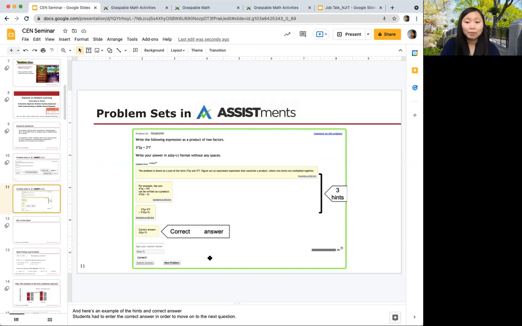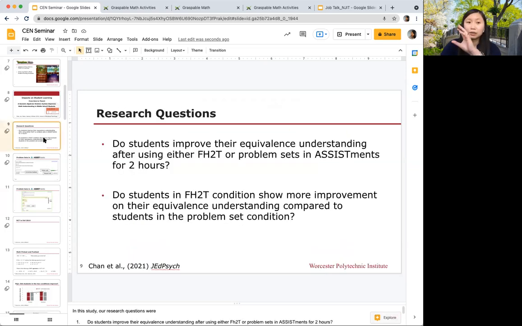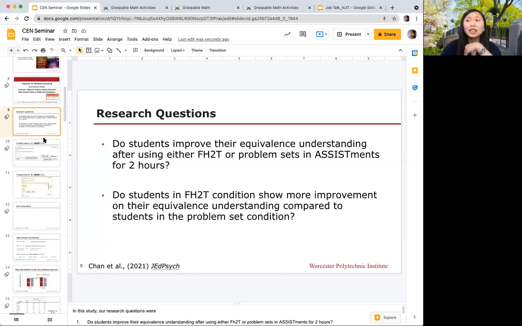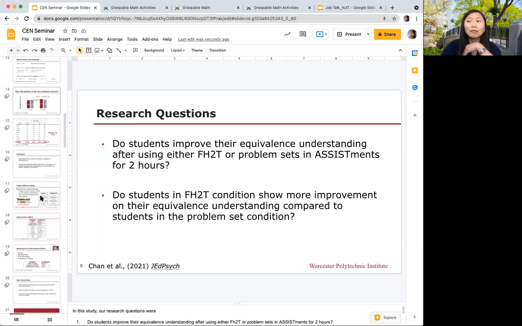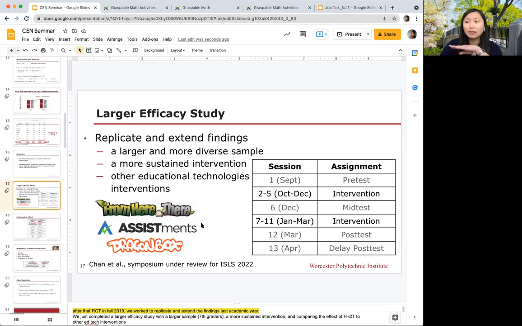And the question about why not just a traditional classroom, business as usual? That's a really great question. In this study, we were just comparing against an effective educational technology. But in the larger study, we have 4 conditions: these 3 technologies, and an active control condition where students solve assessment problems, just like the one we saw earlier, but without the hints and correctness feedback.